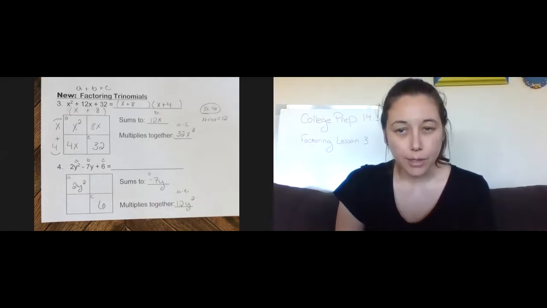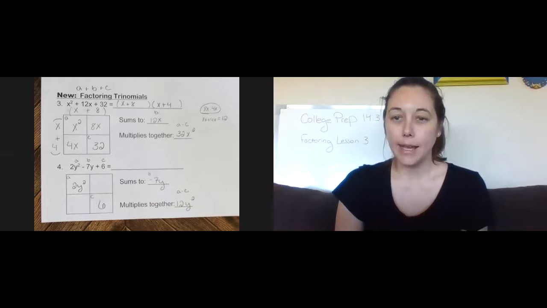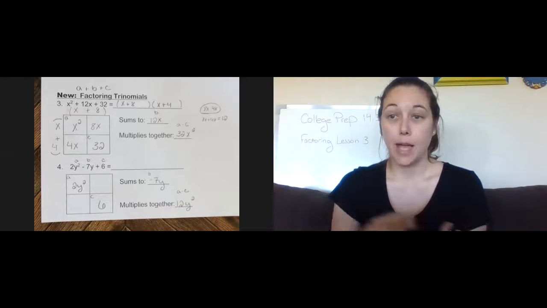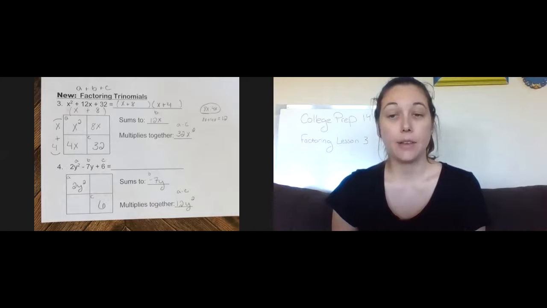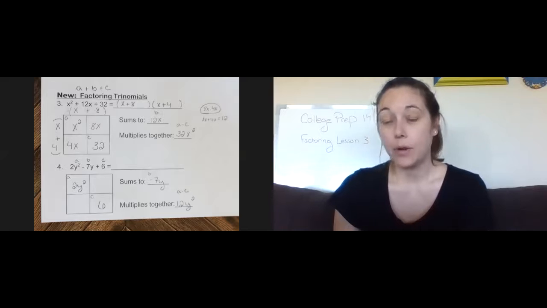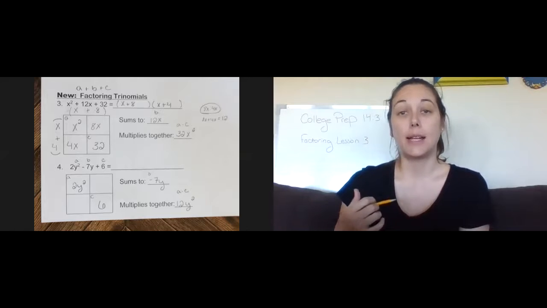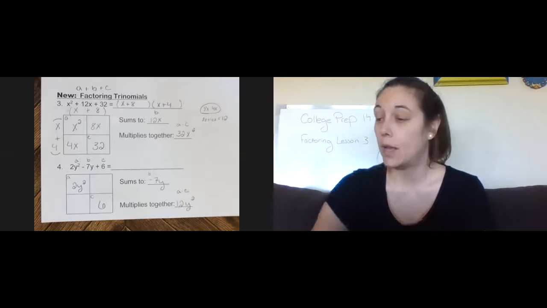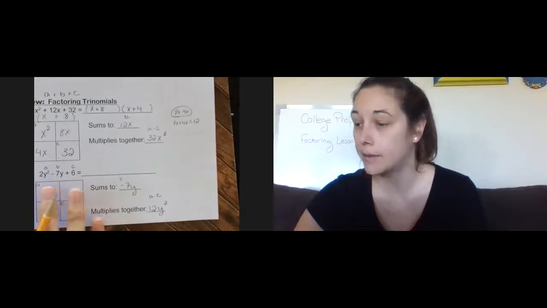That's a little clue. We know that negative times a negative gives us a positive, right? And when you add two negative things together, it just creates a bigger negative number. So it's kind of a dead giveaway that we're going to be multiplying two negative terms together to get our 12y squared. So let's find some factors of 12y squared.